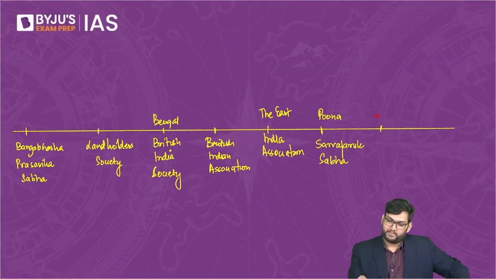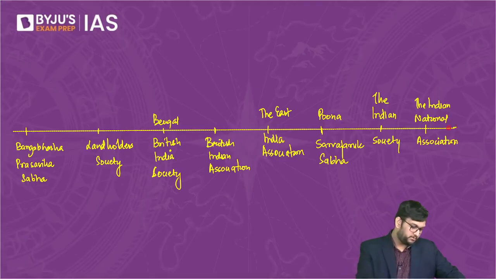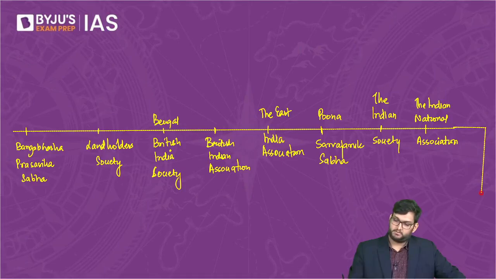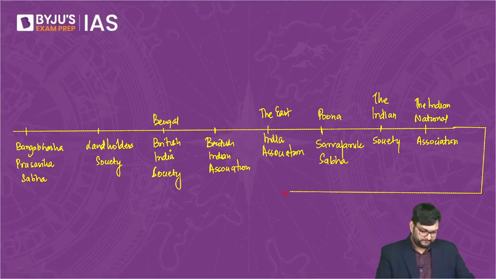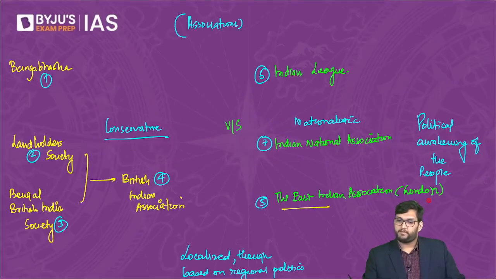So you will have here the Indian Society. Thereafter, the Indian National Association. Then the first will be the Bombay one.